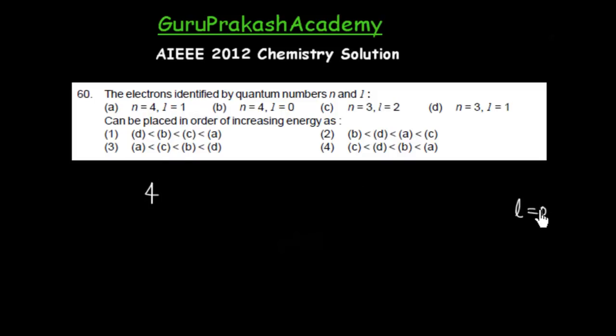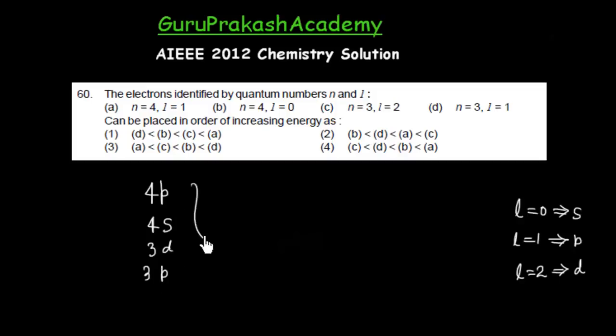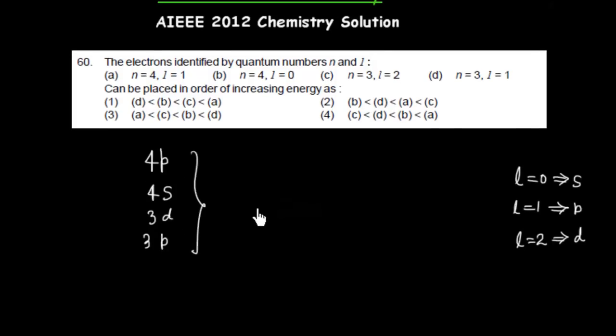L equal to 0 is the s orbital, l equal to 1 is the p orbital, and l equal to 2 is the d orbital. So for l equal to 1, this is 4p, and this is 4s. Then n is 3 and l is 2, this means 3d. Now this is 3p. So these are the corresponding atomic orbitals.